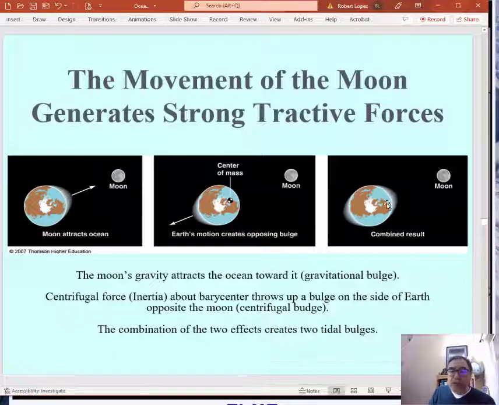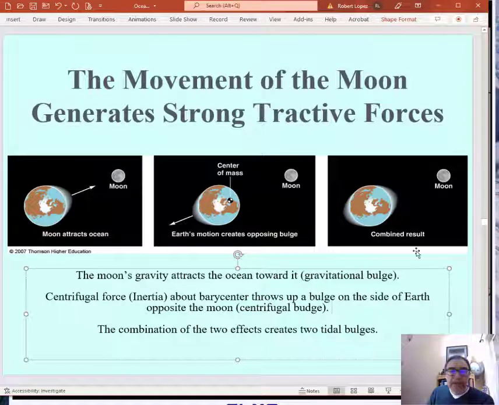There's always going to be two, one due to inertia or this centrifugal spinning around the barycenter, and then the gravitational bulge over here. Gravitational bulge or lunar bulge is what I call it. There's a centrifugal bulge over here as well, and then you see the combined effects there.